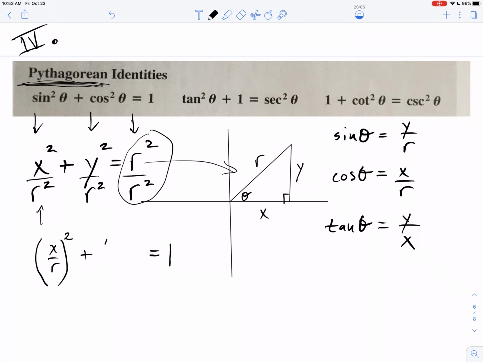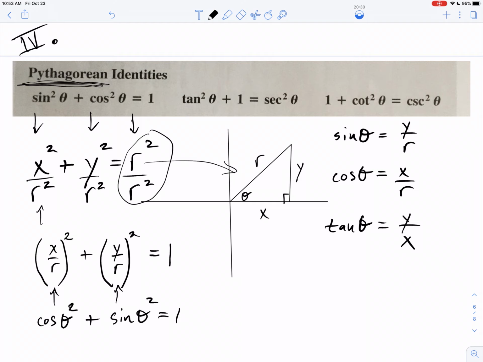I could equally do that here. And then I look at this and I go, dang, x divided by r, that looks really familiar to me. Oh yeah, that's the same as cosine. This y over r, that looks really familiar to me. That's sine.